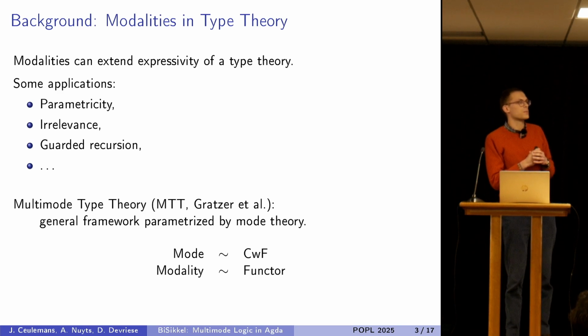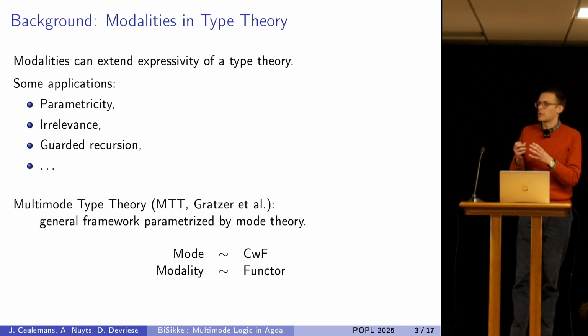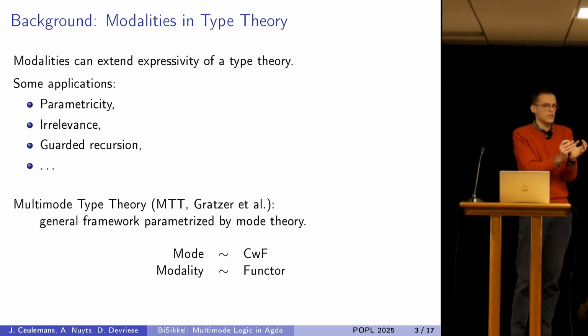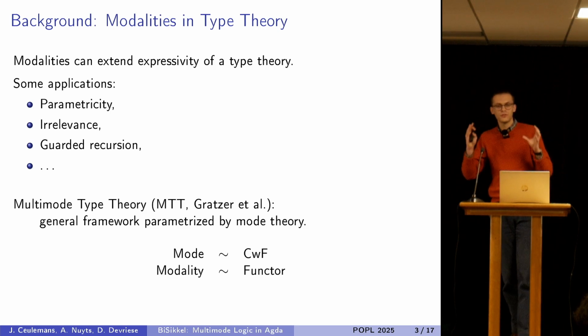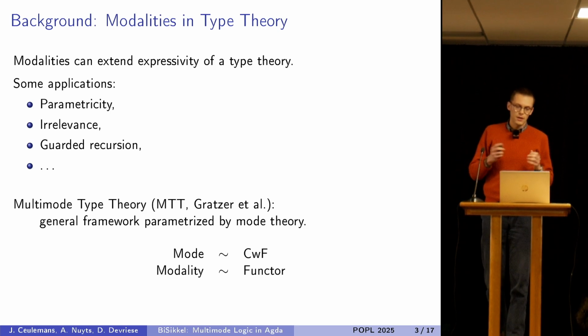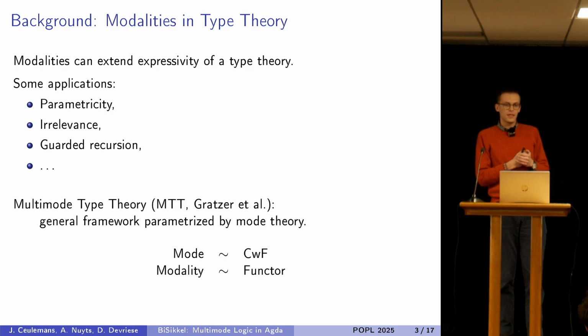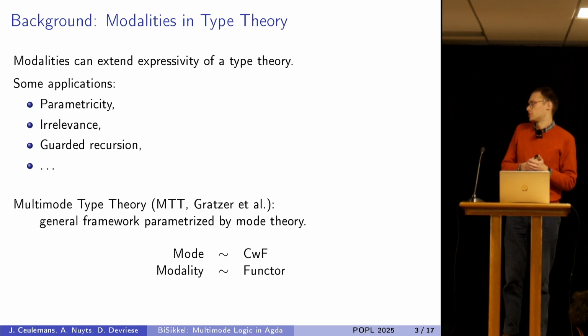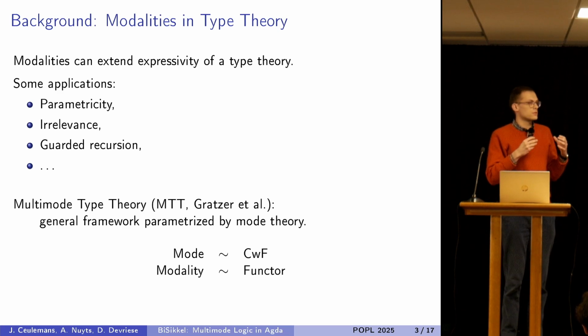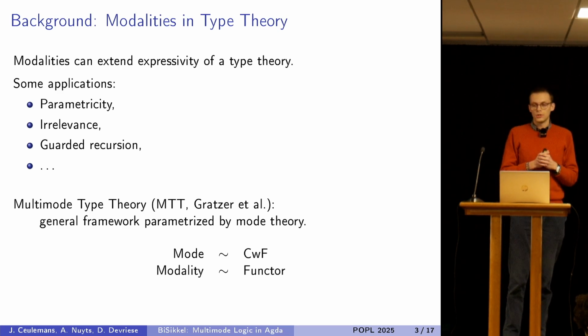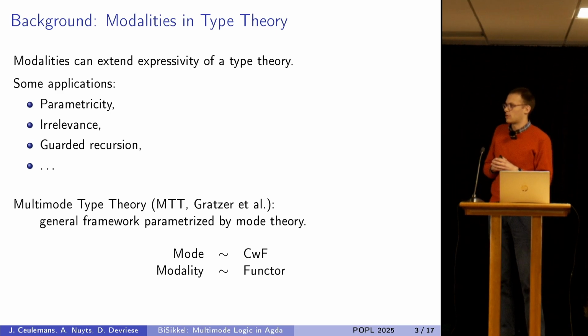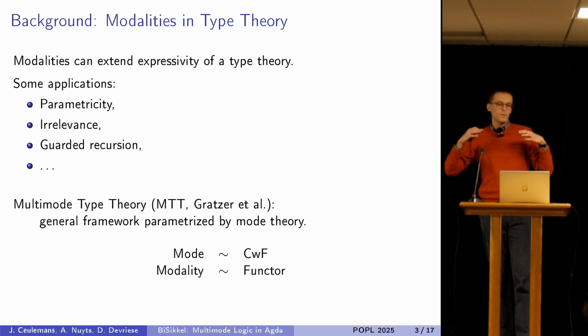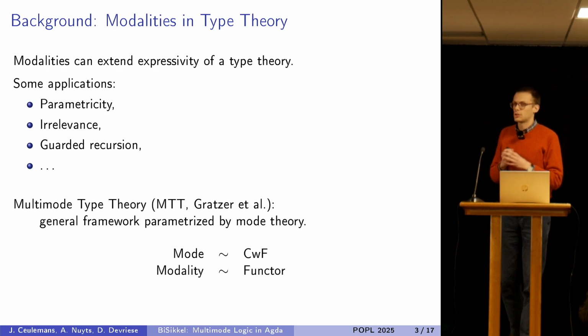Now, in the literature, there's a lot of work on how to add modalities to type theory, but most of these papers consider a single application, and then they consider just the modalities that are necessary for that application. And in order to unify many of these systems, Daniel Gratzer and co-authors developed what they call Multimode Type Theory, or MTT, which is a general framework for modal type theory parameterized by a mode theory. And so the mode theory captures the entire modal situation.